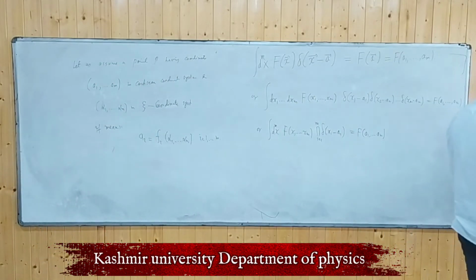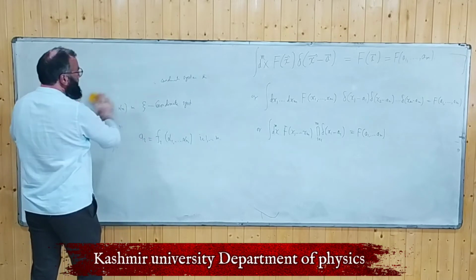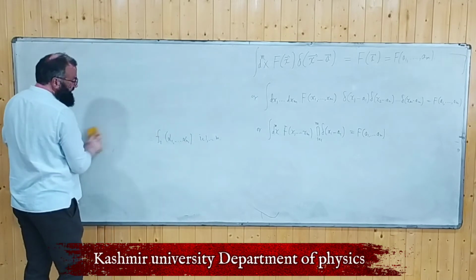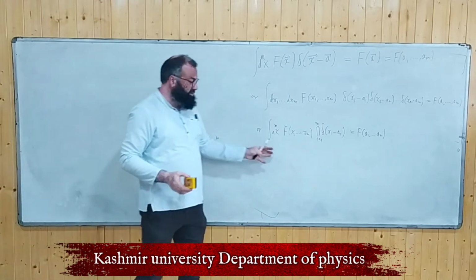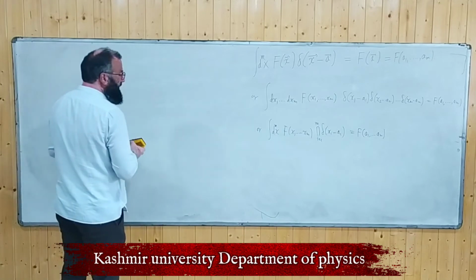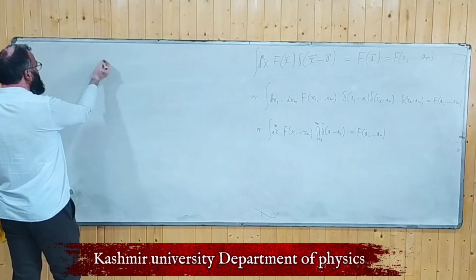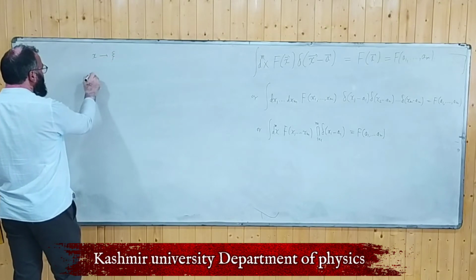Okay. So now let's make a transformation. When I make a transformation from one point to another point, I need to define the Jacobian of the transformation, is it? If I go from, let's say, x to zeta, then I need to define the Jacobian.